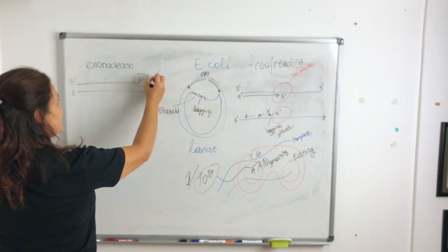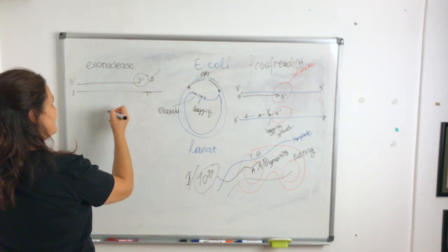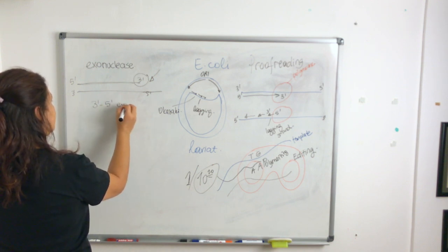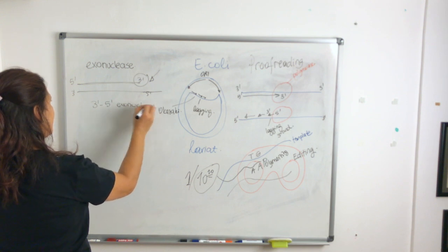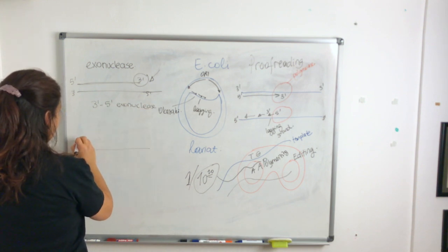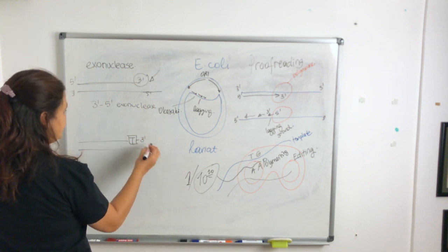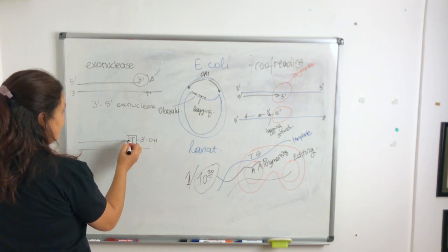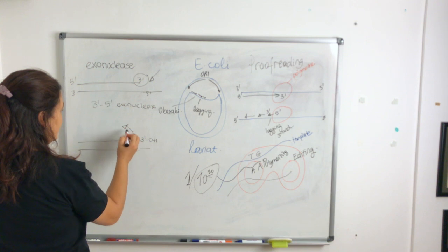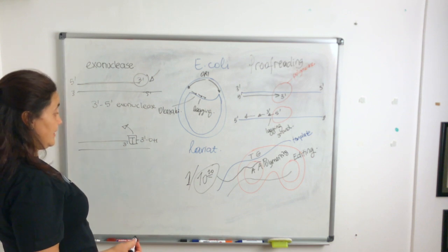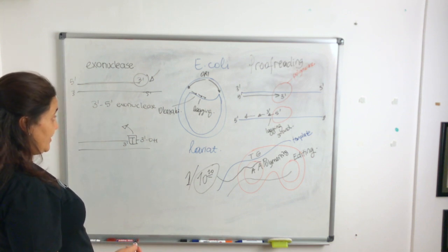If it makes a correction in this area, then it is called the 3' to 5' exonuclease. Because the nucleotides are added here, and if there is an incorrectly added nucleotide, and this has a 3' OH group, it is removed from here. The T is removed. Now we have another 3' end, which is not occupied, not synthesized. So this is called the 3' to 5'.